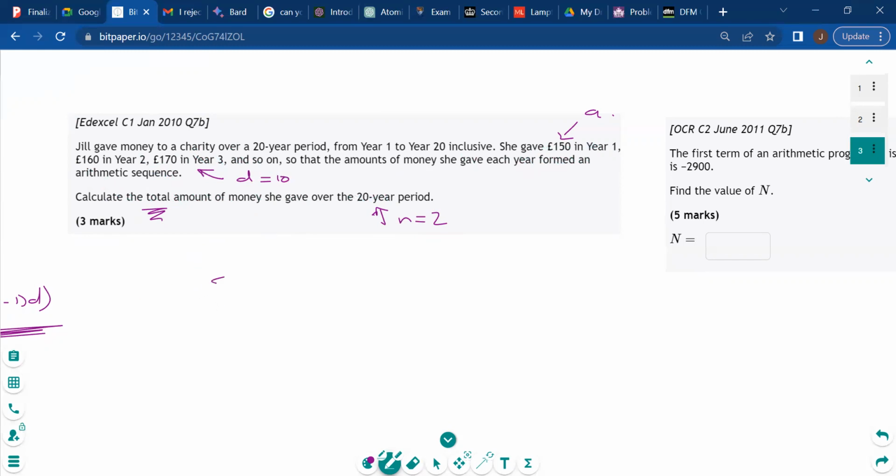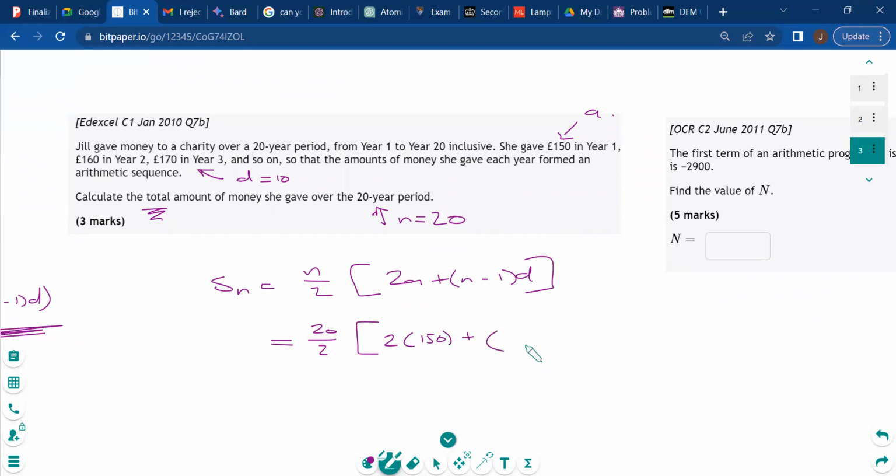Now you're going to be there a very long time if you're adding that up. Let's use the rule instead. So the rule is n over 2 and then 2a plus (n minus 1) times the difference. If we put the numbers in, n should be 20. We get 20 over 2. We get 2 times 150 plus (n minus 1). n is 20, so n minus 1 is 19. 19 times 10.